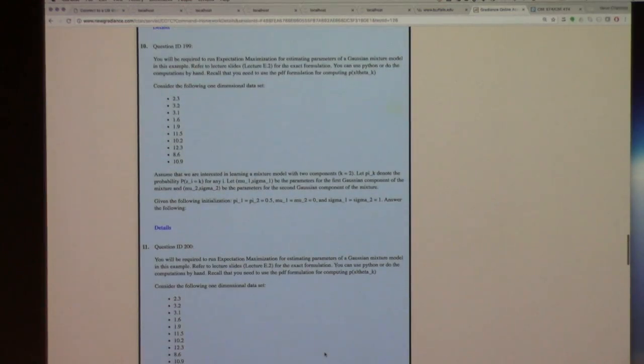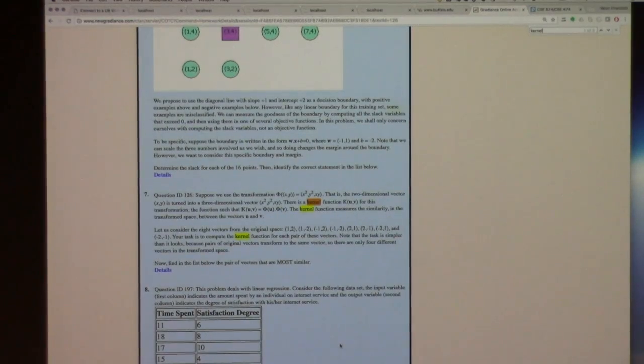Right. So these kind of problems, the only thing you need to understand is, okay, I have to apply this kernel function to every pair of data objects.